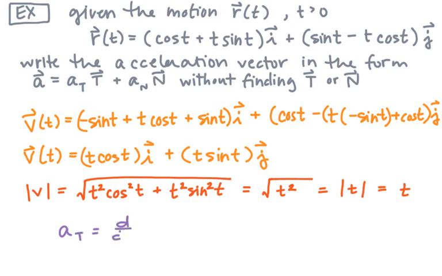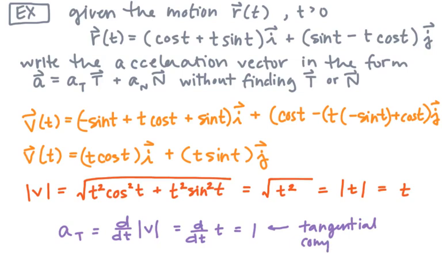So by the formula that we stated, a sub t was the derivative with respect to t of the magnitude of the velocity. And the magnitude of the velocity is t. So we're finding the derivative with respect to t of t, which is 1. So this is my tangential component of acceleration. So I've found my a sub t.